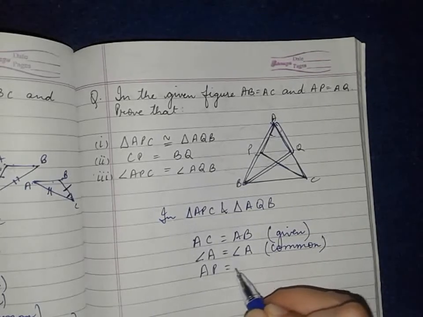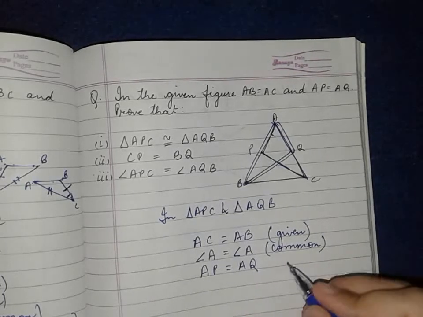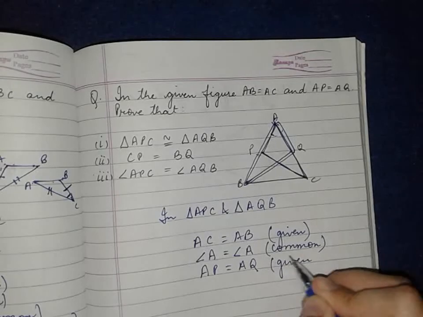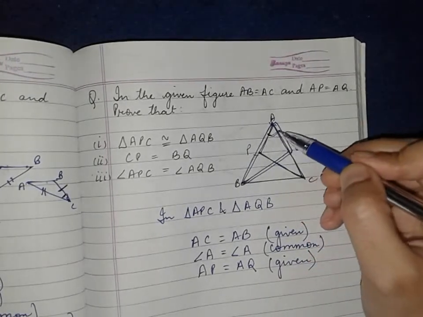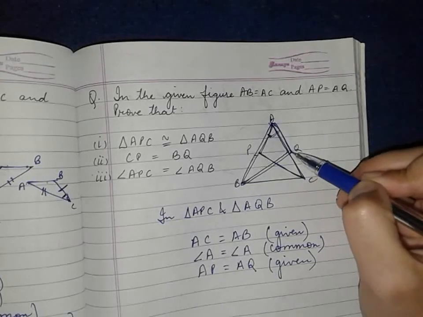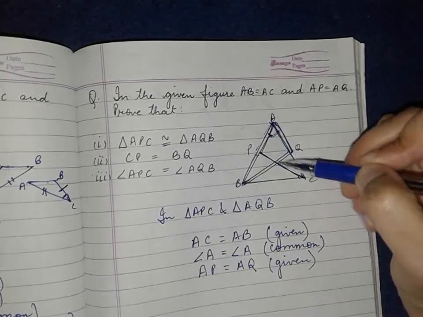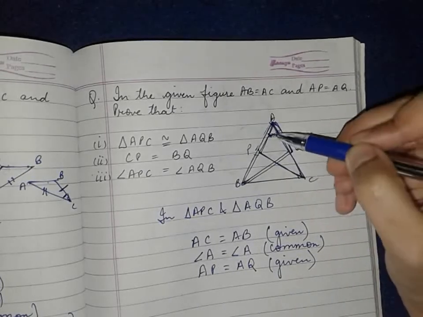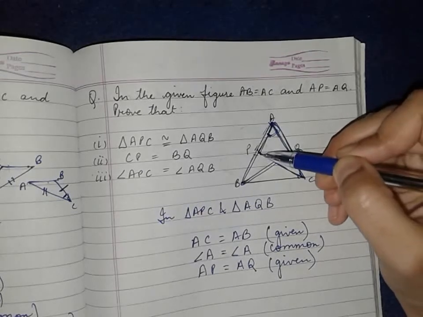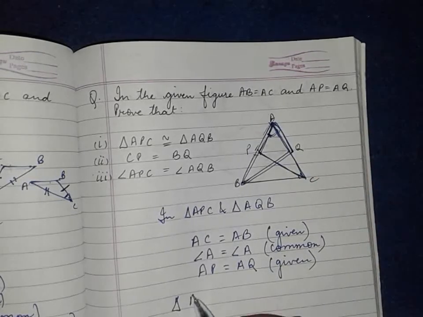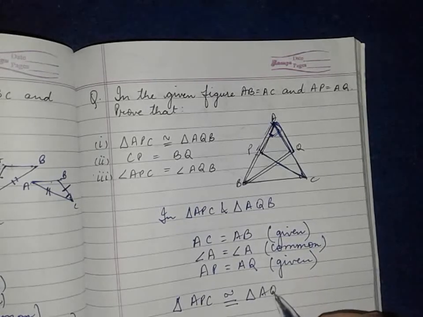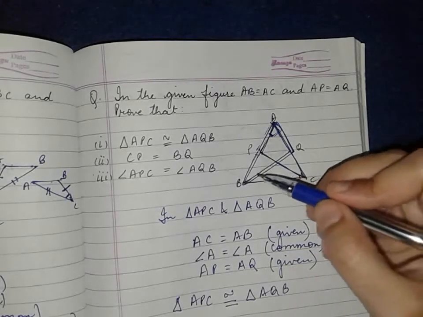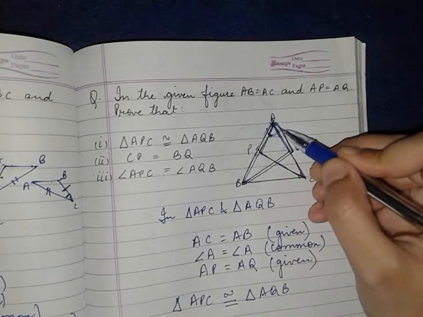So, AP is equal to AQ. Reason: given again. Now, AB we have taken, this angle we have taken and AQ we have taken. And in this triangle, AC we have taken, angle we have taken, and AP we have taken. So triangle APC is congruent to triangle AQB by SAS.